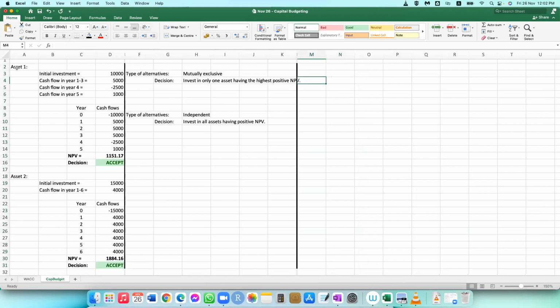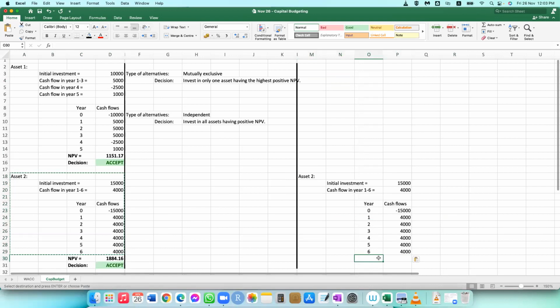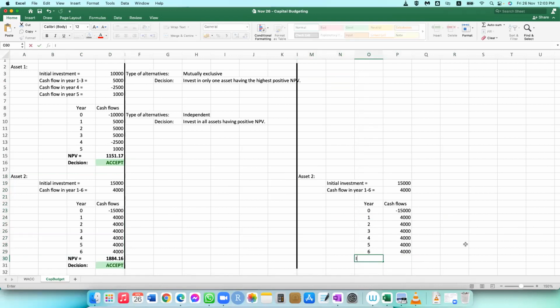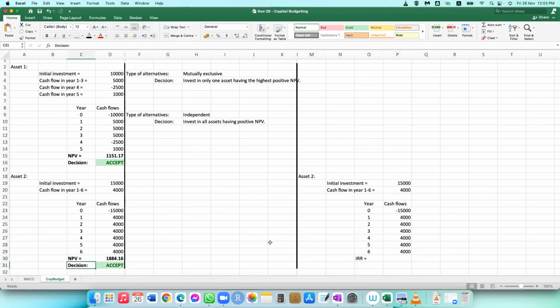Anyway, what I am going to do is calculate the IRR of asset 2 first. I'm not going to repeat all of this, just copy and paste here. And what we want to do is calculate the IRR, and we'll also make the decision.